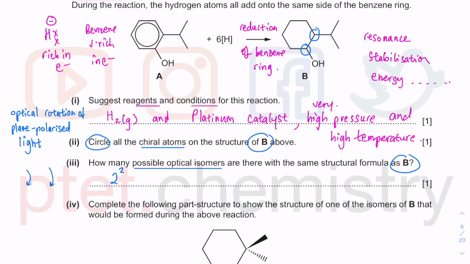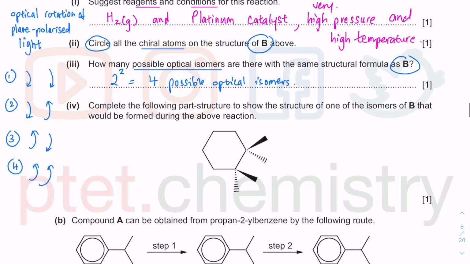So when you draw the mirror image, they can do clockwise or anti-clockwise, which will be different because they are not totally symmetrical. So you get 2 squared in terms of your possible isomers. So 4 possible optical isomers. I've just outlined the probability in terms of the combinations, the possible permutations there.